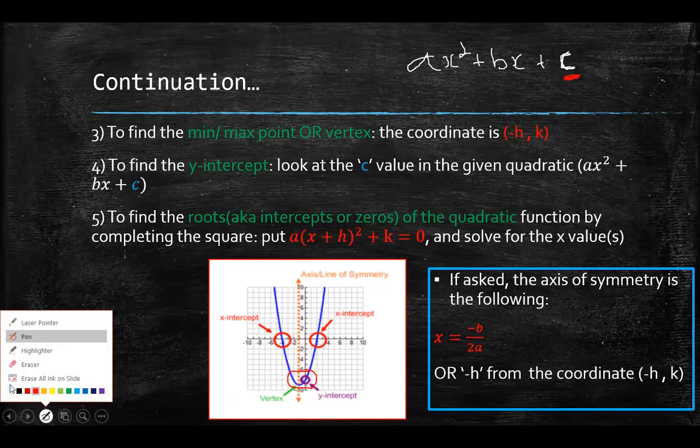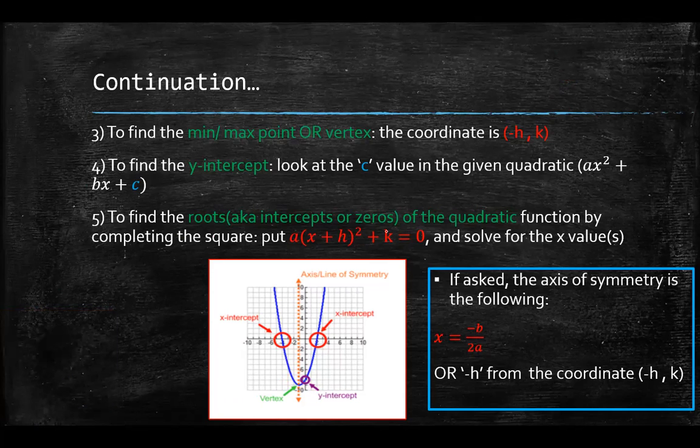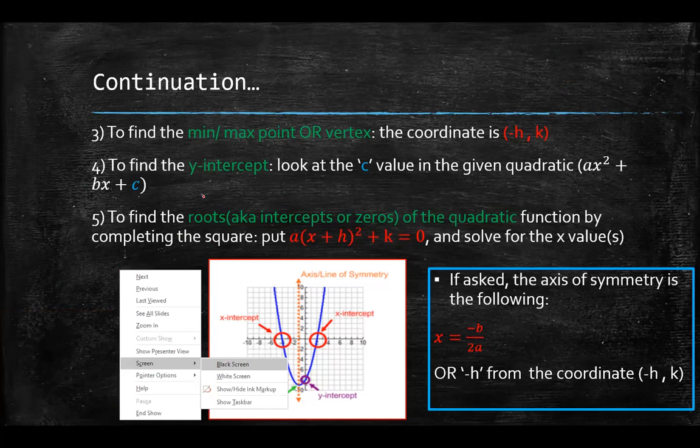Okay, and the last one. They might ask you to find your roots by completing the square. So let me go to the whiteboard for an example. Say the completed square form is (x plus 5) squared minus 1 is equal to 0.